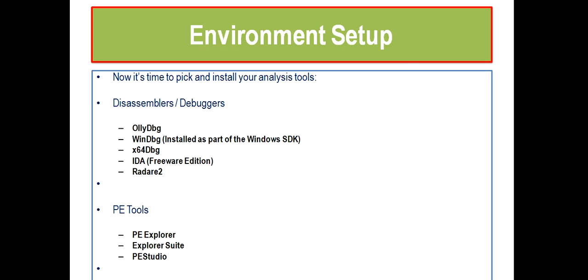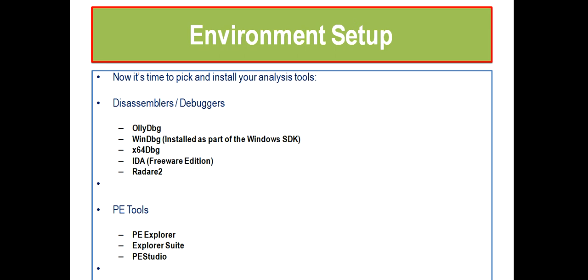Clear? Now, in the environment setup portion, you can pick any one as per your suitability, the one that you prefer most. For the disassemblers or debuggers, these are the names frequently used by researchers. WinDbg, installed as a part of the Windows SDK.